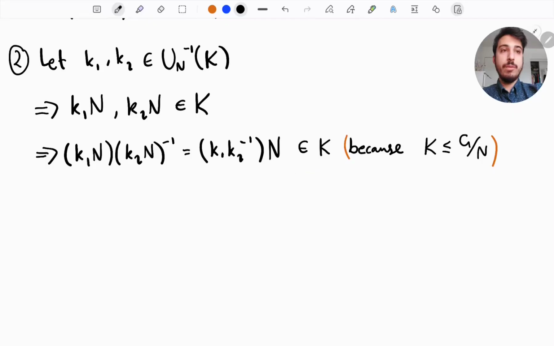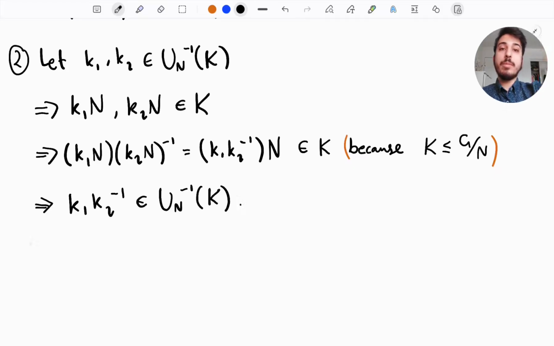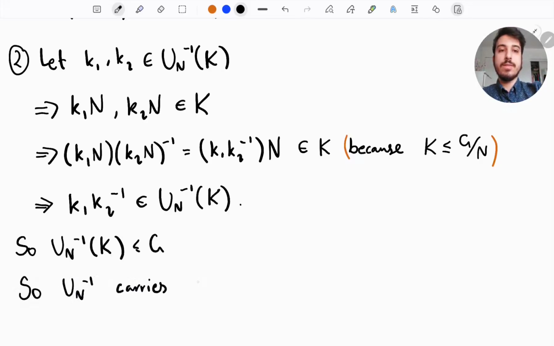So if we apply u_N inverse on both sides, we will get that k1 k2 inverse is an element in u_N inverse of K, thereby proving that u_N inverse of K is a subgroup of G. So this means that u_N inverse carries subgroups of the quotient group G/N to subgroups of G.